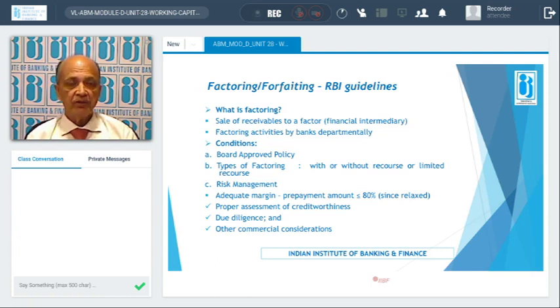When the policy is framed and duly approved, this clause should be there. The approved policy should contain both the risks relating to undertaking this business as well as the risk mitigating factors, so that the business can be taken forward.